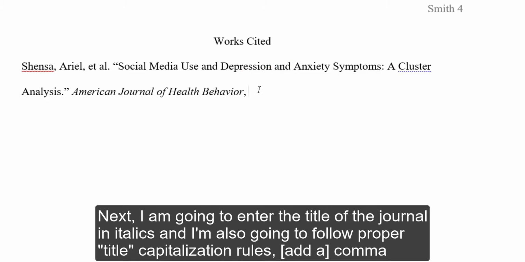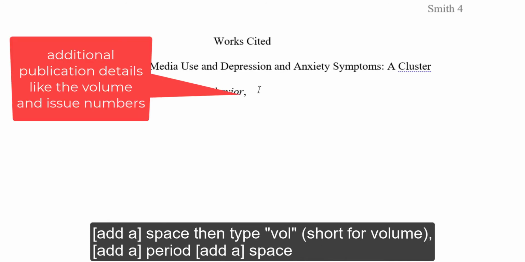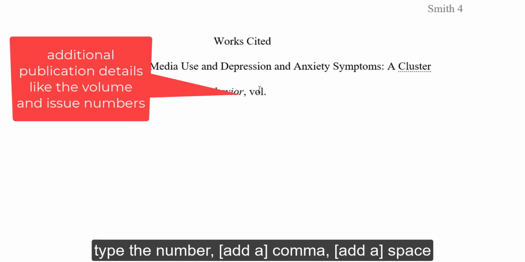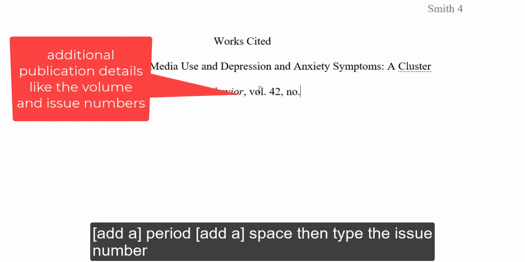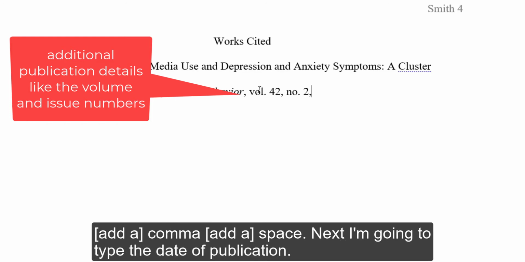Comma, space, then type vol., short for volume, period, space, type the number, comma, space, then type no., short for issue number, period, space, then type the issue number, comma, space.